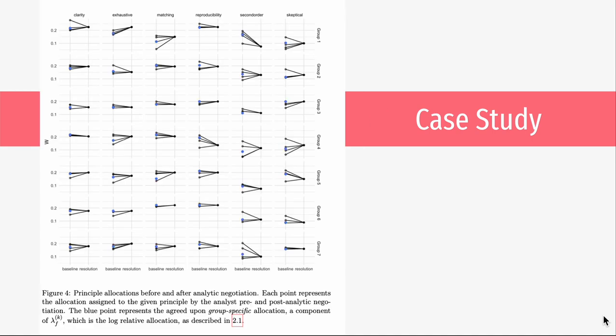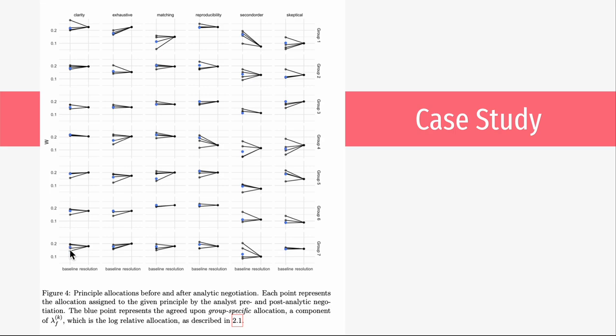And so this plot here is showing those weights at baseline and then at resolution for each of the 7 groups. I've got each of the 7 groups shown here on the y-axis. The x-axis shows, for each of the individual principles, the baseline and then the resolution.